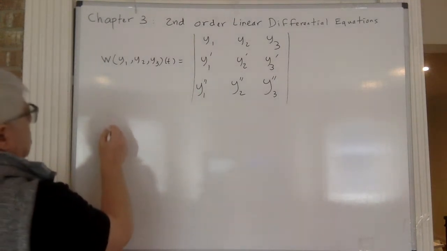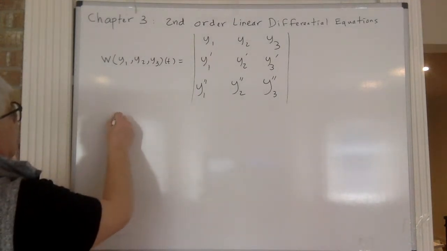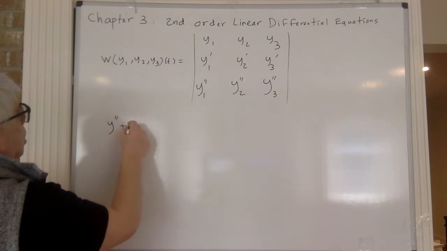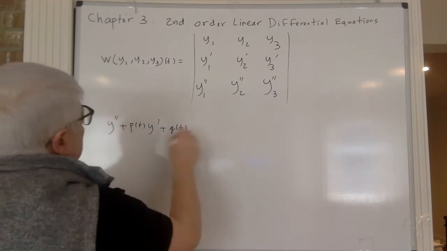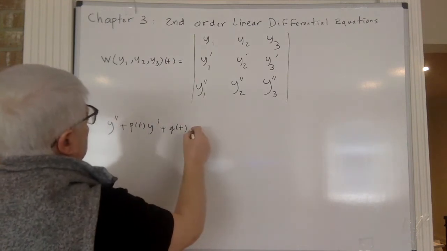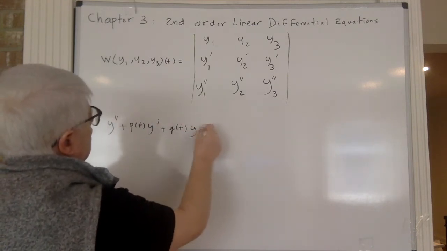The equation was y double prime plus p(t) y prime plus q(t) y equals 0, right?